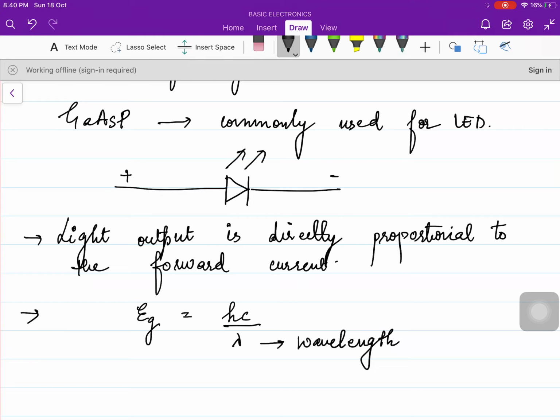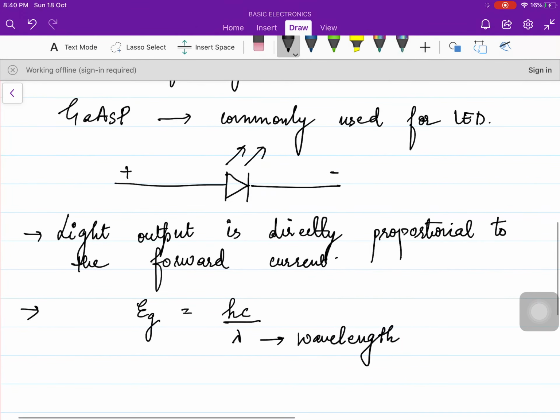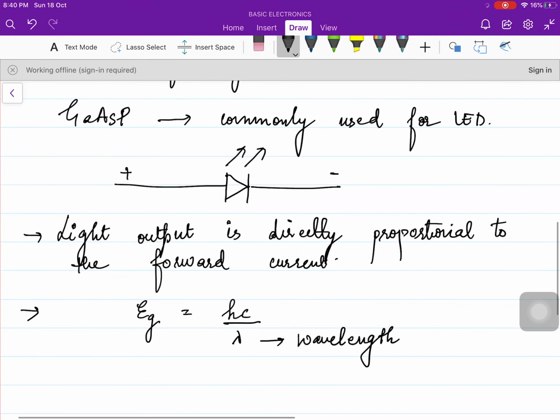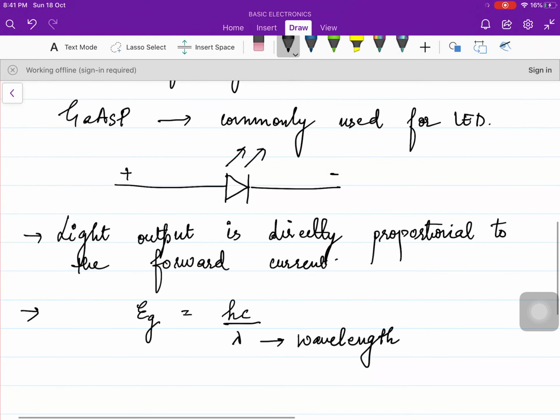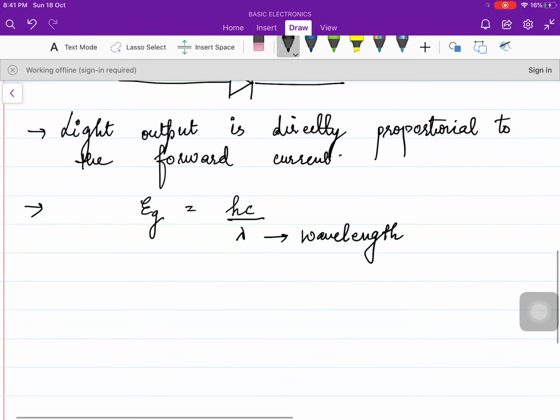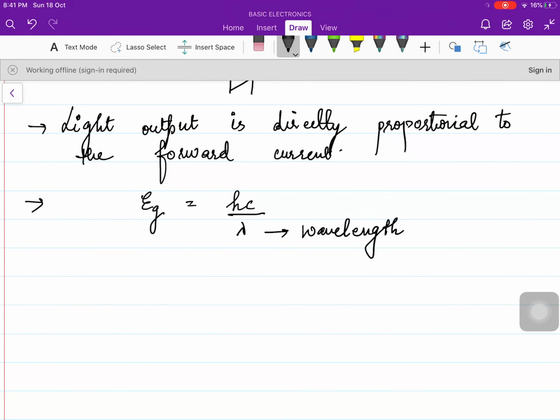Because the forbidden energy gap of different materials is different, lambda will be different, because lambda varies inversely with the forbidden energy gap. So lambda varies with the forbidden energy gap, and hence so does the color of the LED. So this is how the color of the LED varies, because it depends upon the forbidden energy gap of the semiconductor materials that you are using.